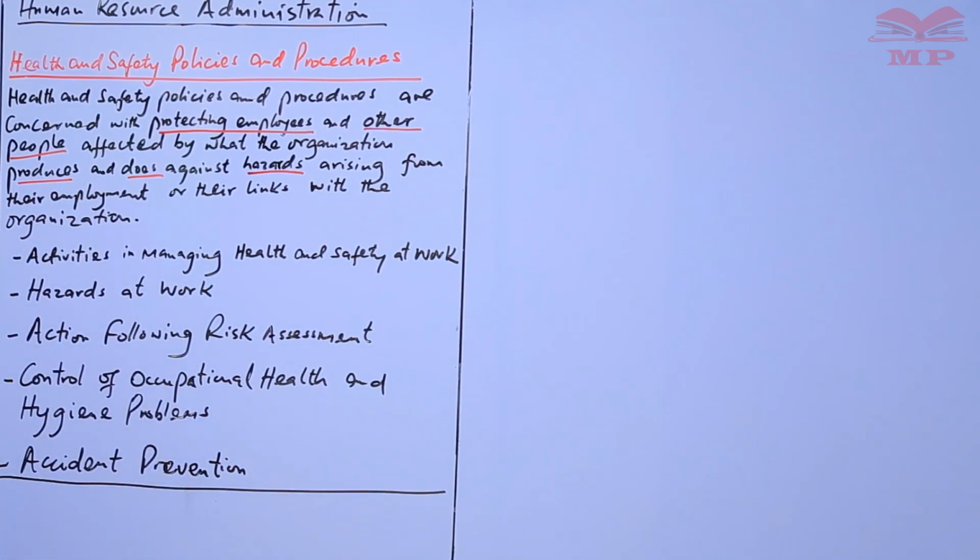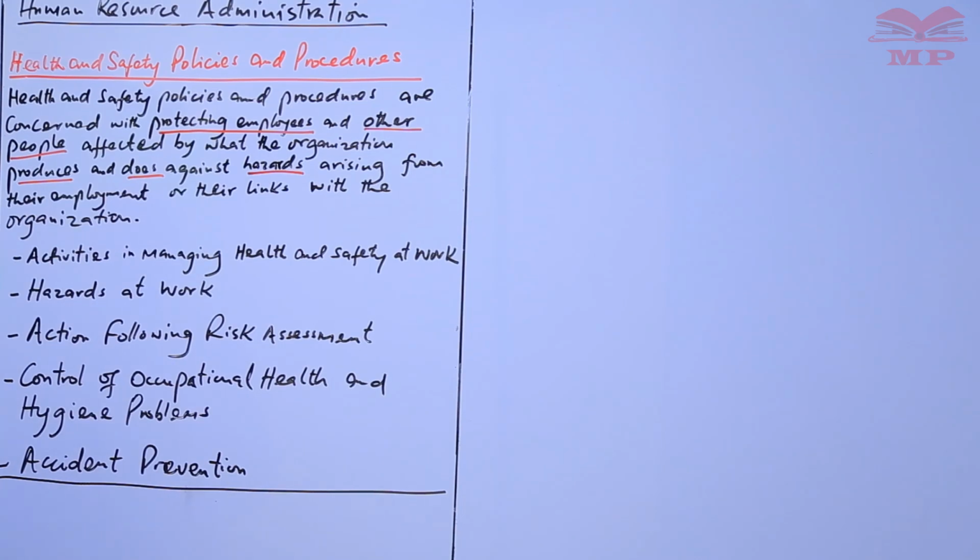So dear learner, as we have emphasized, the health and safety of employees and those associated with the workplace is very critical. That's why we are going to take a bit of time and be very sequential in how we look at health and safety policies and procedures.